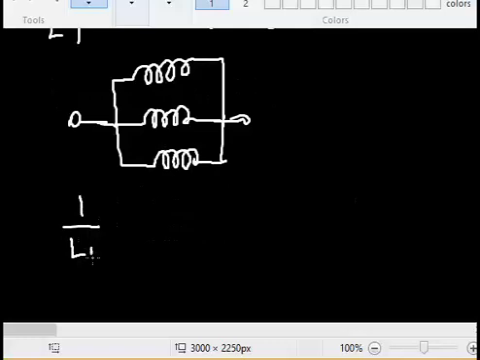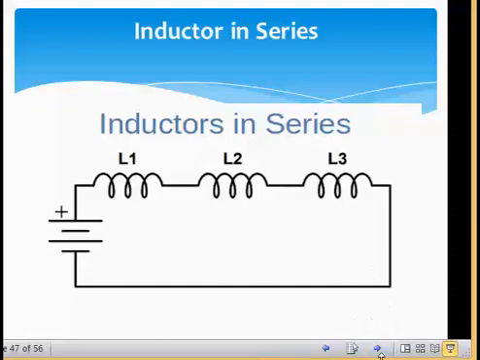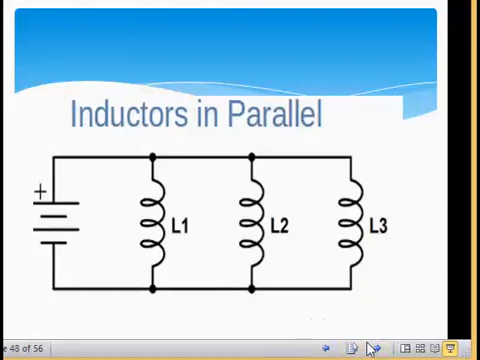So the total inductance of this L1, this L2, and this L3 is going to be equal to 1 over L1 plus 1 over L2 plus 1 over L3. So for parallel connection, and series connection, we have talked about that.